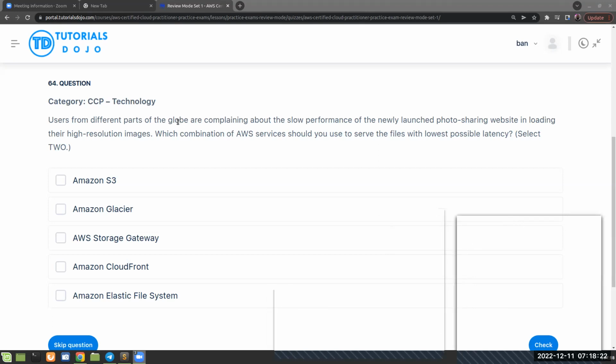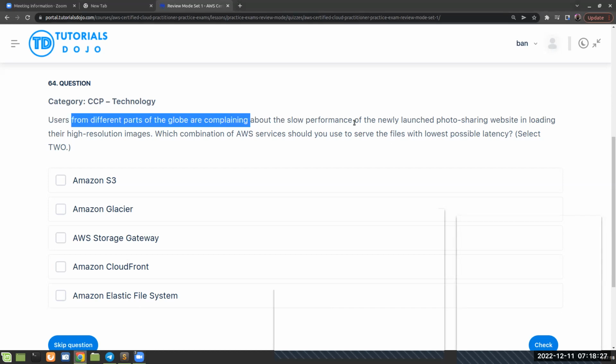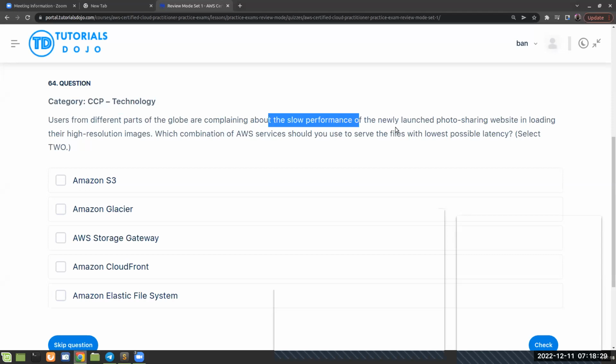The key first thing is they're complaining about slow performance. So what can you use to save these files, and what will also help to bring the lowest possible latency? Anyone can go for it.